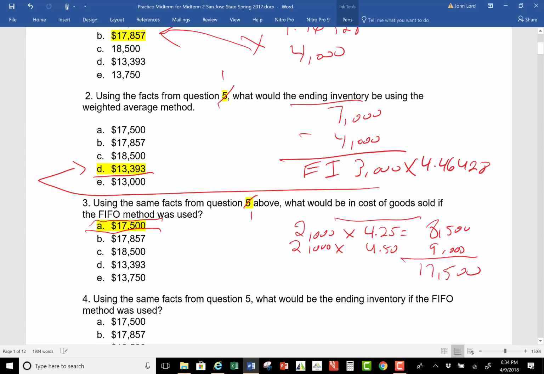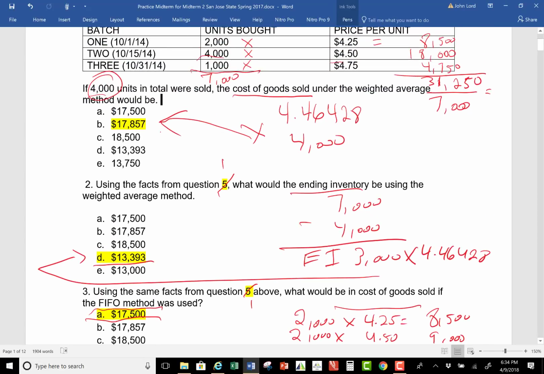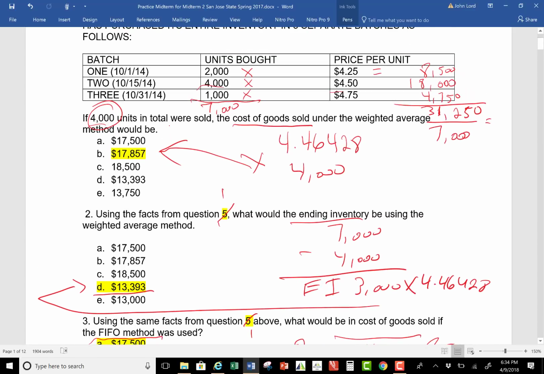Good. Okay, how about if I were to do my ending inventory using FIFO? Well, now for my ending inventory, I have 3,000 units, right? Of which 1,000 are the 475 ones. And there's 2,000 of these guys left now, because I sold 2,000.